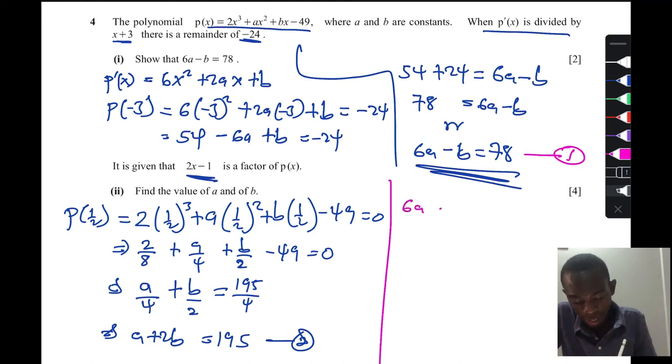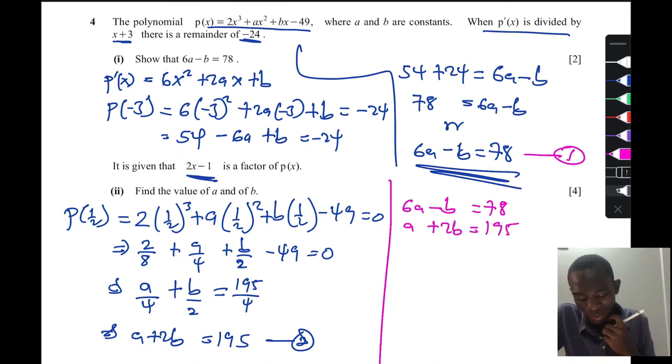We have 6a minus b equals 78, and then we have a plus 2b equals 195. We can decide to multiply the first equation by 2. That gives us 12a minus 2b equals 78 times 2, that's 156.